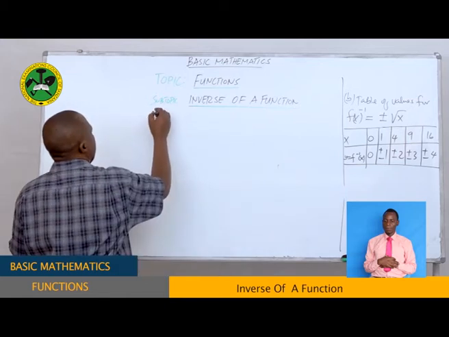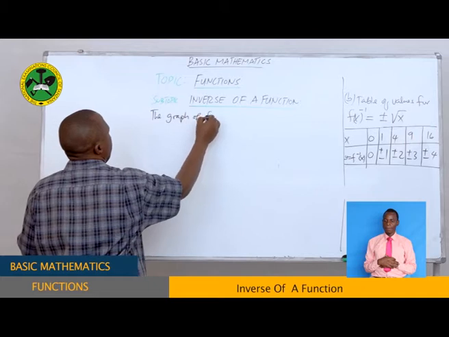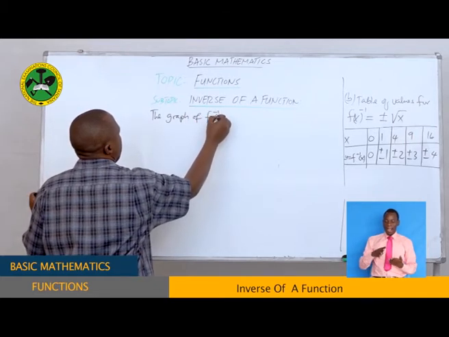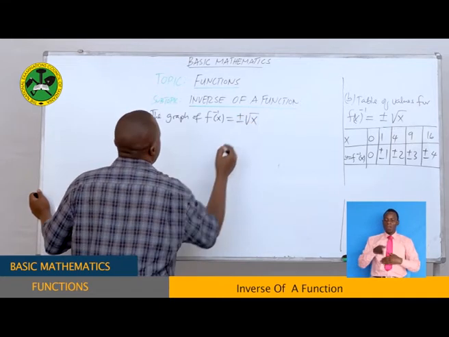So the graph of f of x inverse is equal to plus or minus square root of x.